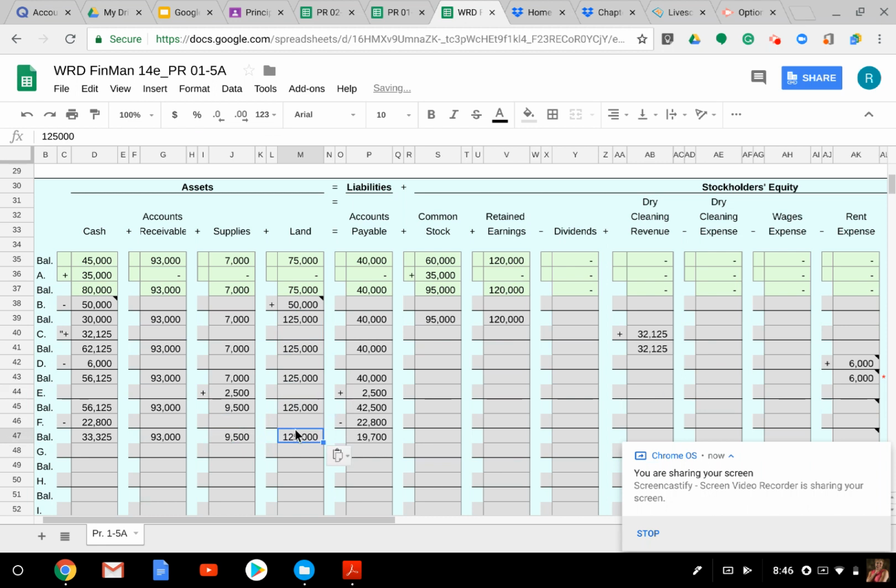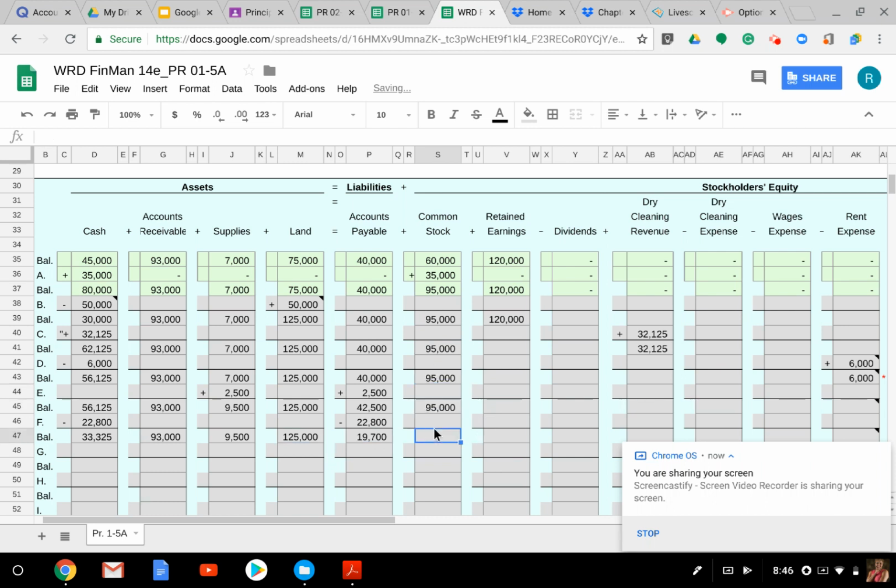Every line. Okay. We have our $19,700 that we still owe our debt collector. $95,000 here is our balance. Remember, we had no transactions, so we're just going to copy it down on every balance line. You just bring the totals down.